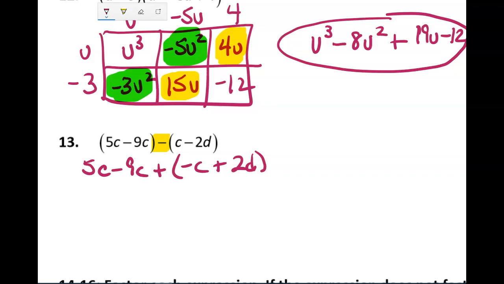So change to adding the opposite. Now we can add together our like terms. 5c and negative c are 4c. And then we have a negative 9c and a plus 2d. That's going to give us a minus 7d.